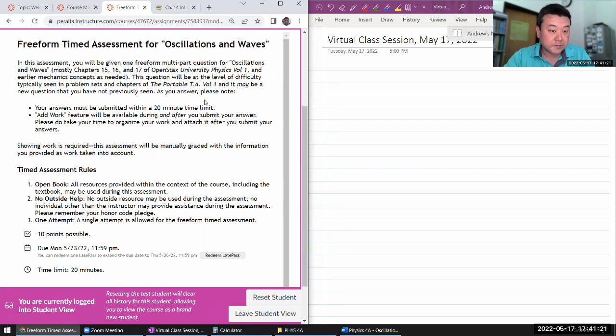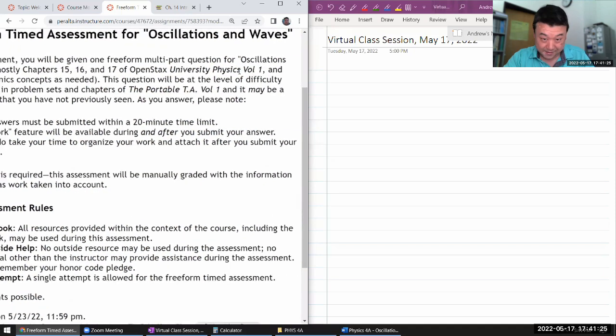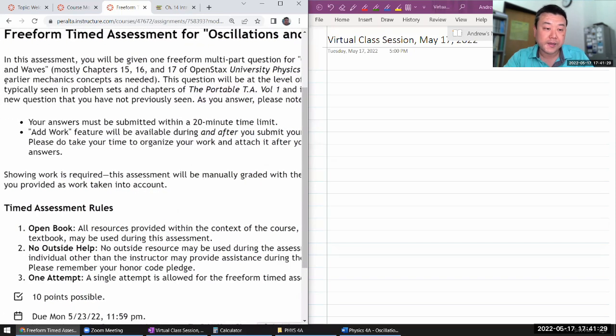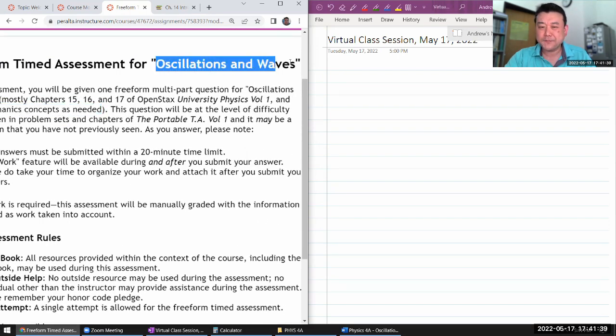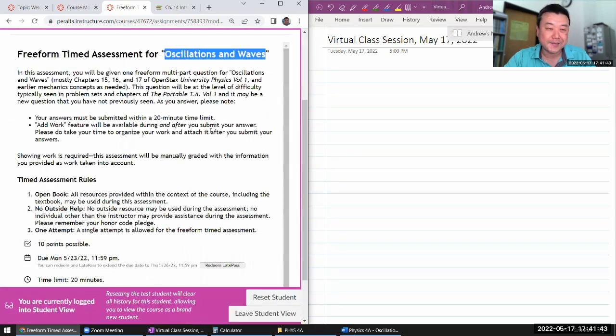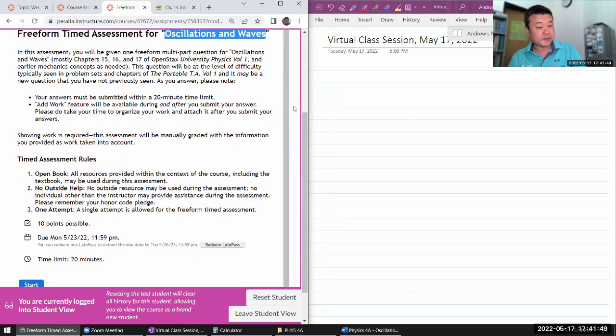So, I say mostly these chapters, and this is doing a lot of work, and earlier mechanics concepts as needed. Physics is a cumulative subject. Just because the assessment is about oscillations and waves doesn't mean you can forget about the previous mechanics concepts, which might get called in as needed. So with that, let me start.